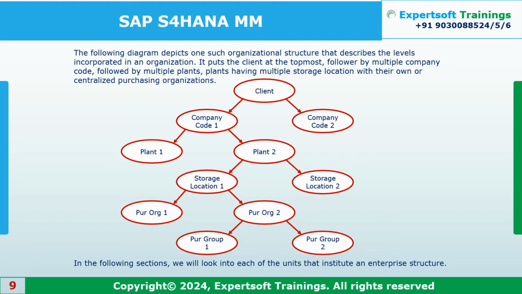On the top, there is a client, and under the client, there are two company codes. Let me give you an example.